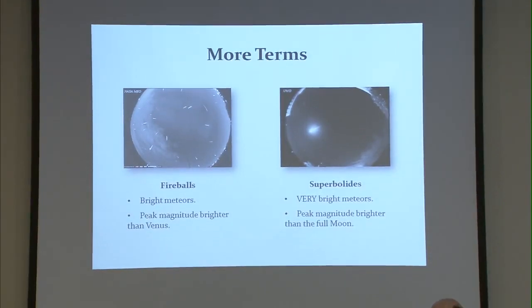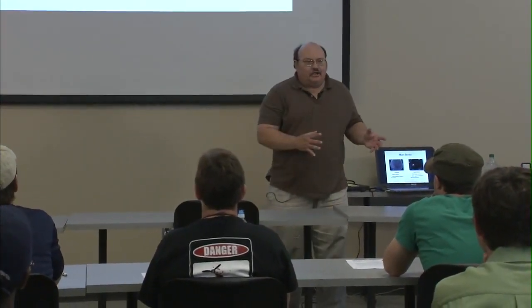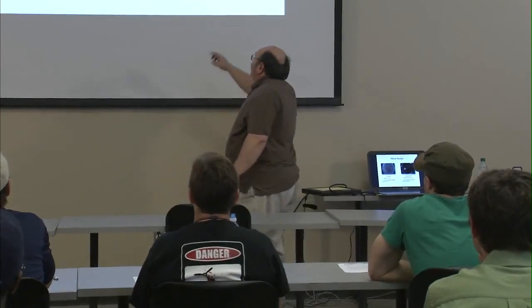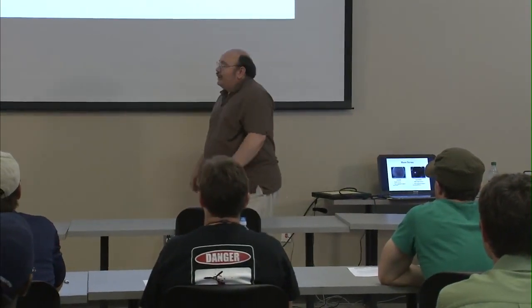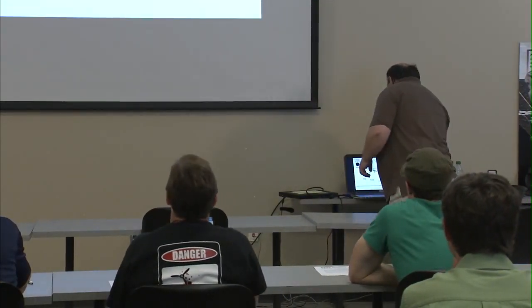Okay, these are rather rare. Superbolides don't happen very often, but when they do, they get a lot of attention if it's over land. So a fireball is a meteor brighter than Venus, and a superbolide is a meteor brighter than the full moon. What happened over Russia was most definitely a superbolide.